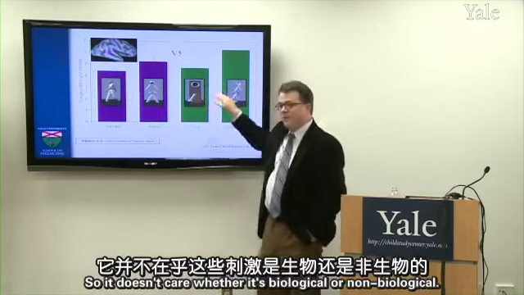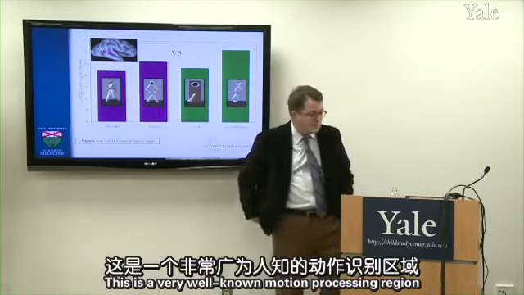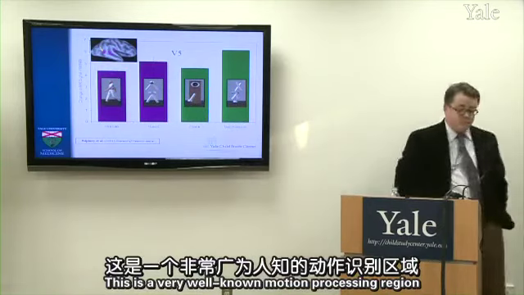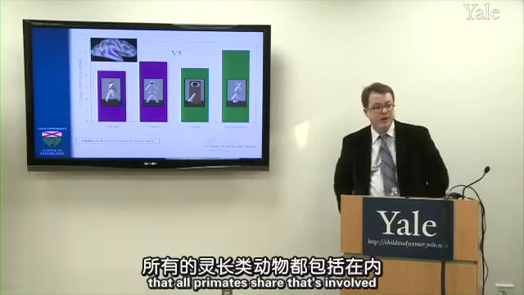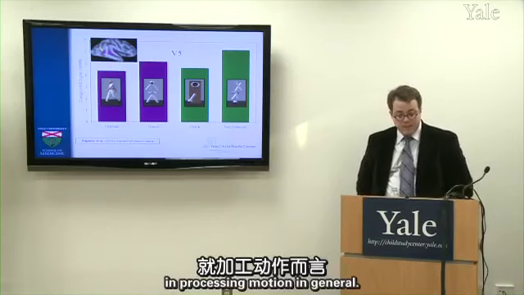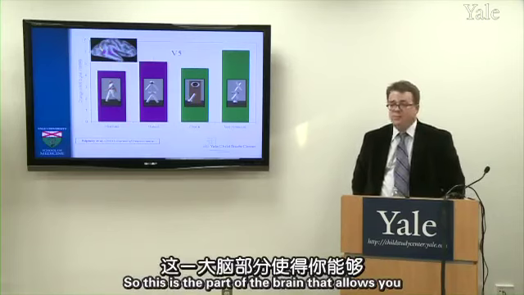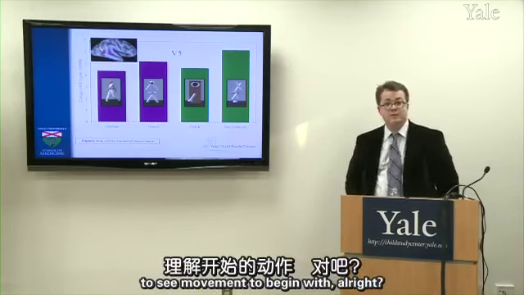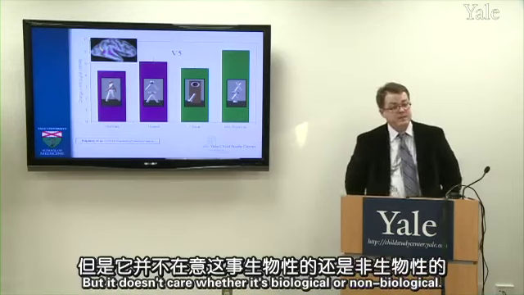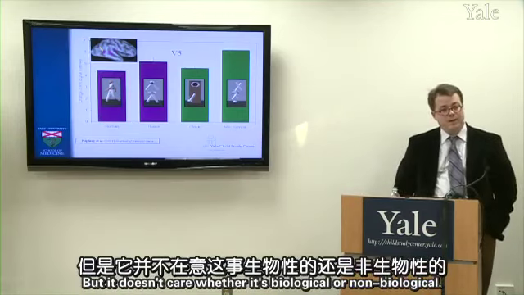So it doesn't care whether it's biological or non-biological. And this is a very well-known motion processing region that all primates share that's involved in processing motion in general. So this is the part of the brain that allows you to see movement to begin with, right? But it doesn't care whether it's biological or non-biological.